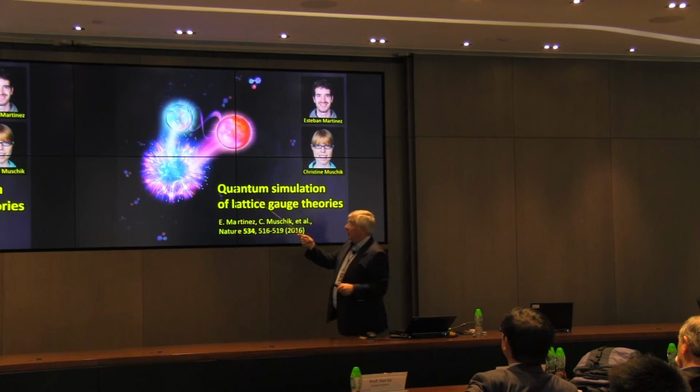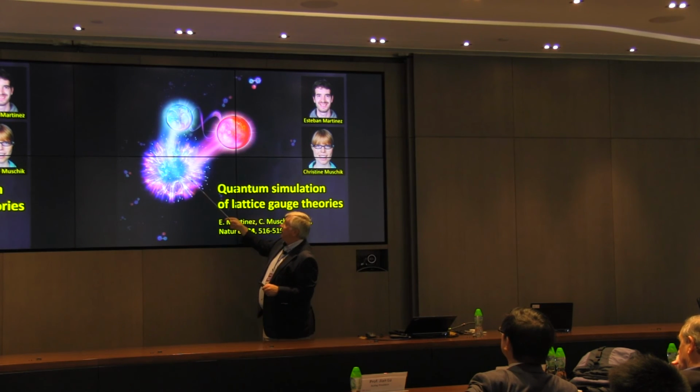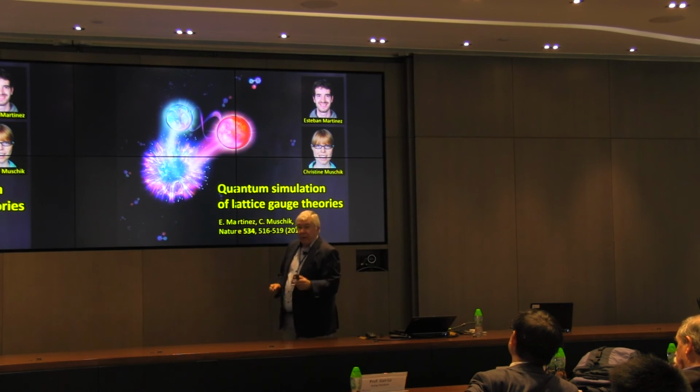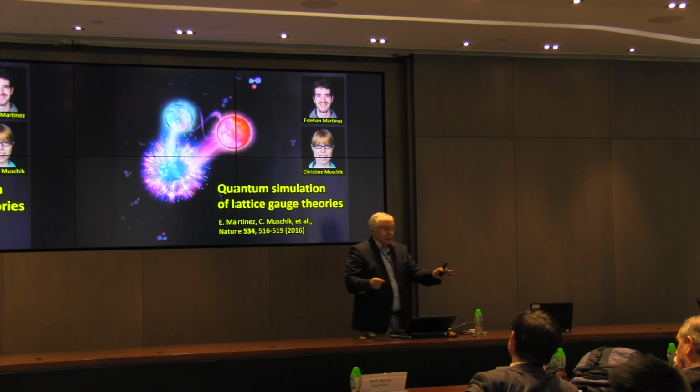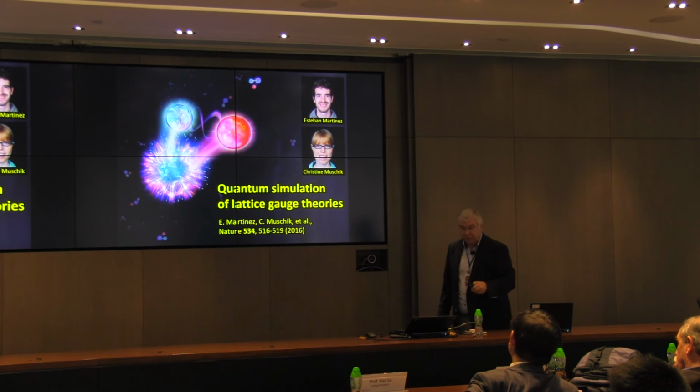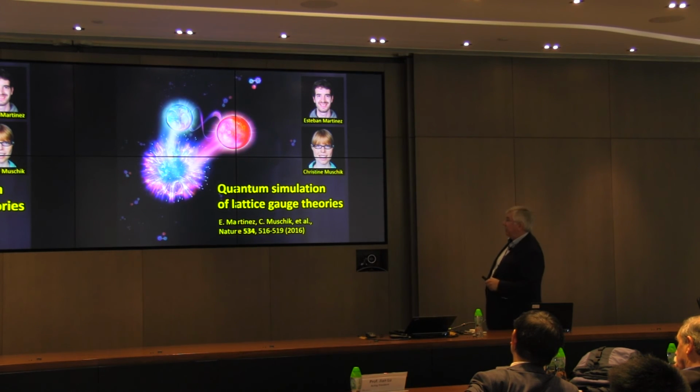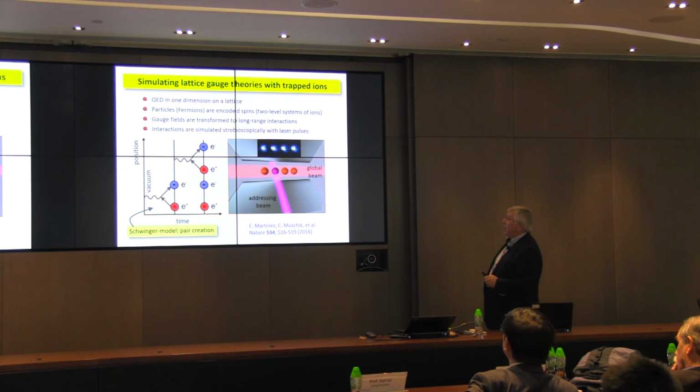So we want to study how we can create, by applying a field, say, a pair, and see how the pair is really entangled. This is a model problem for lattice gauge theories, and we wanted to emulate or simulate this with our quantum simulator. How do we do that?